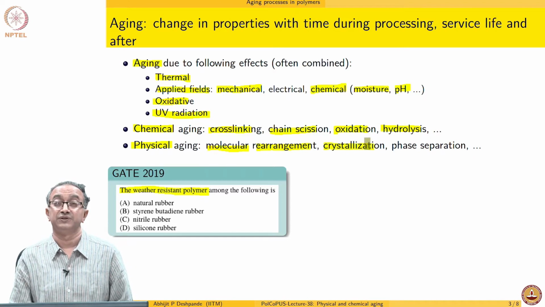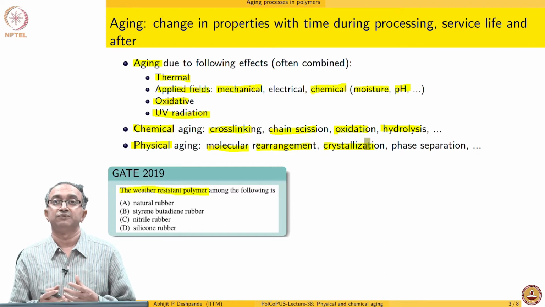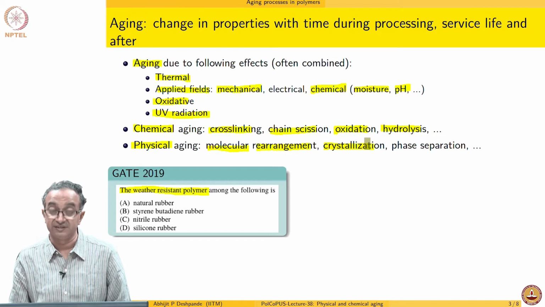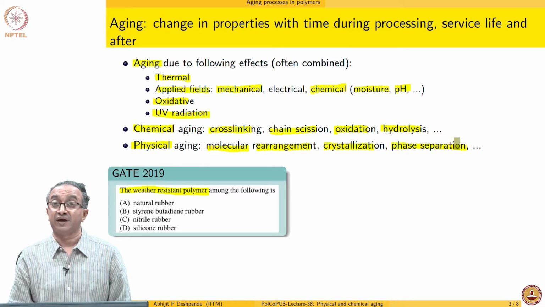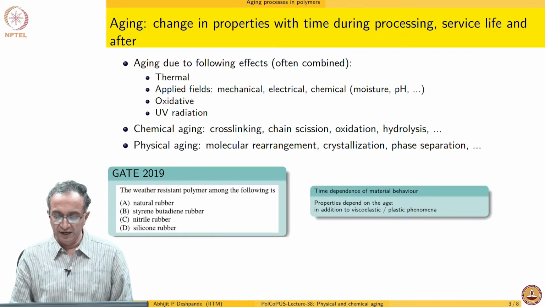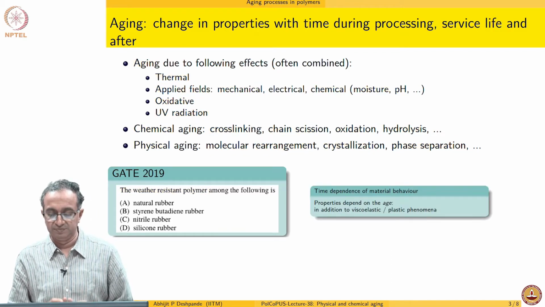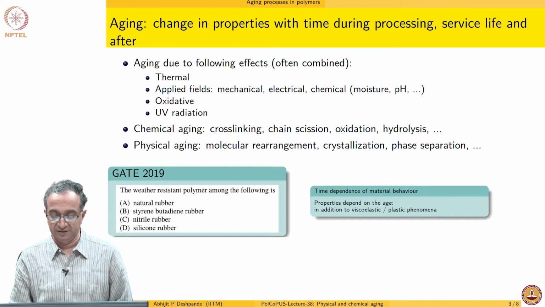So, because the small molecules which are present can plasticize and therefore can lead to crystallization and segmental motion. With time and with aging processes, we could have inducement of phase separation also. So many of these are physical processes, many of them are chemical processes. And so this leads to an important time dependency in terms of material behavior.